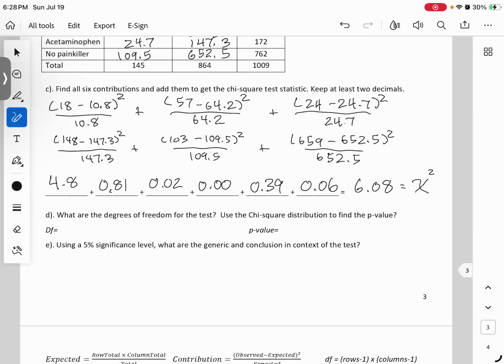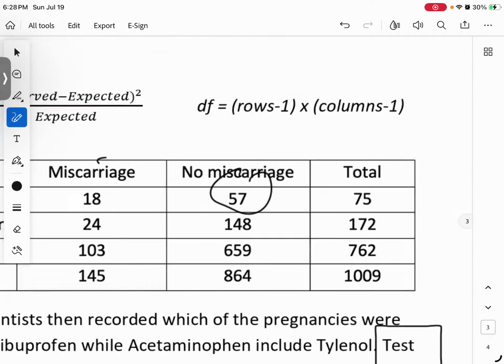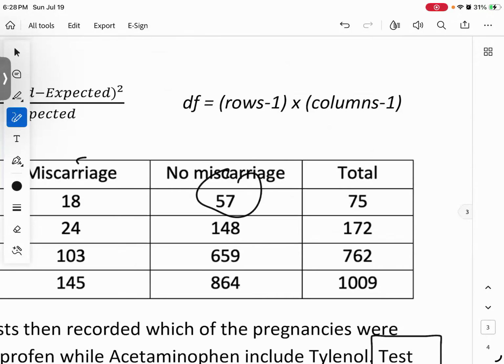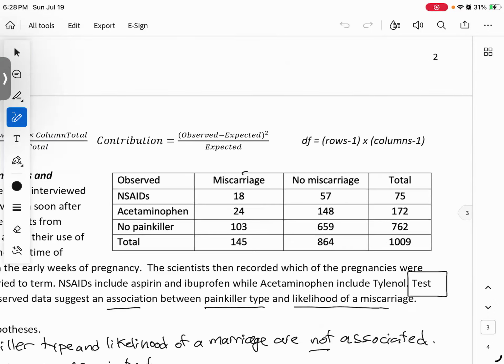Now, like what we saw with the T distribution, you need a degree of freedom. The way we're going to get the degree of freedom is actually up here, and it will be provided on the quiz and the test. What you're going to do is take how many rows and columns you have, but be careful, we don't actually count everything.